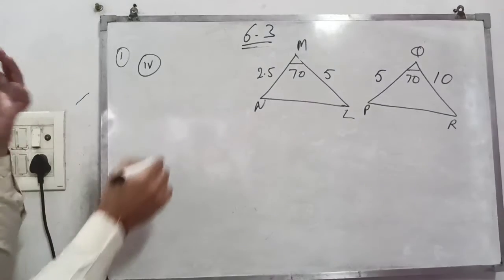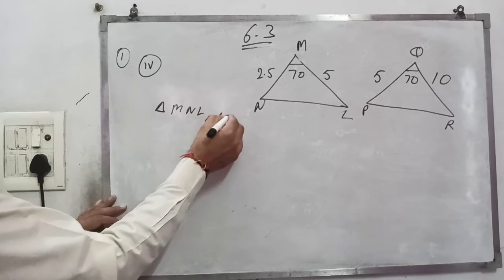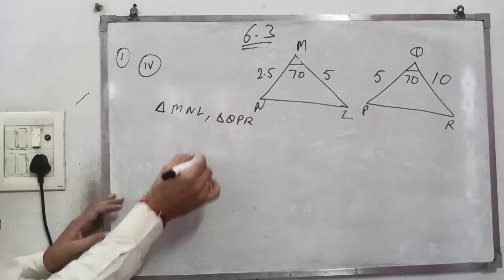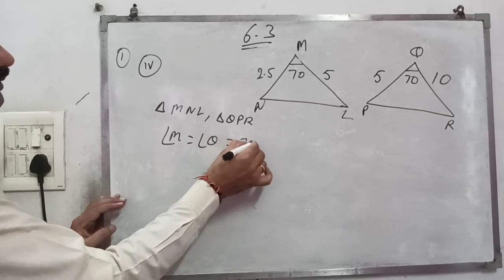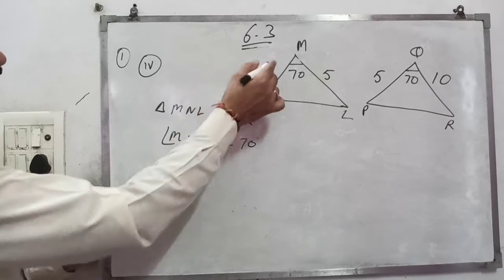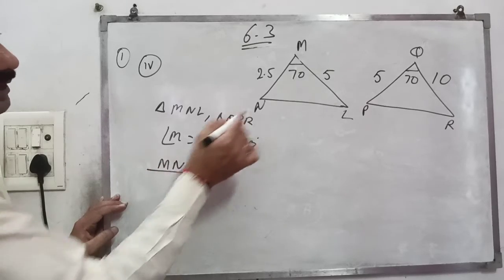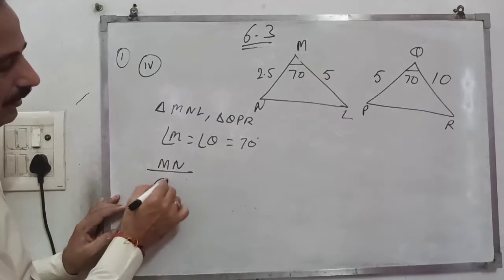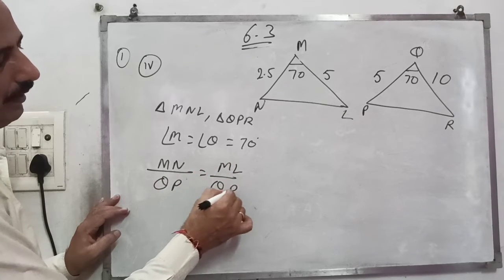Now in triangle MNL and triangle QPR, angle M equal to angle Q is 70 degree, that is given, and for the ratio, MN and its corresponding side QP, ML and QR.